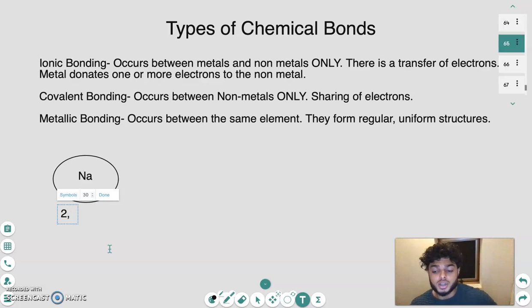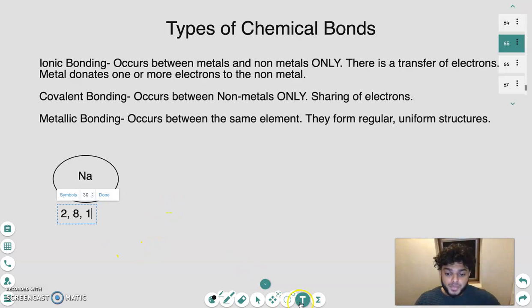Following this, each subsequent shell can hold 8. So if the first one has 2, we have to fill another 9 electrons. The next shell can hold a maximum of 8, therefore there will be 8 electrons in it. As a result, we've filled 10 electrons. So if sodium has 11 electrons in its structure, there is only 1 electron in the outer shell of sodium.